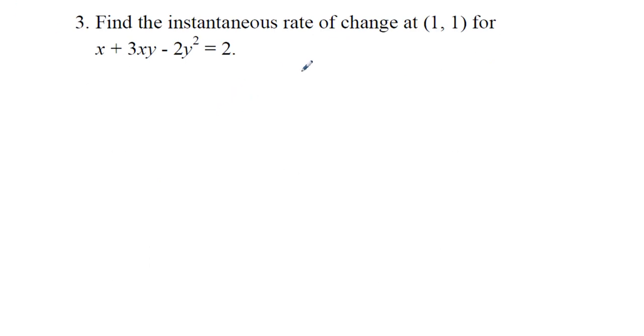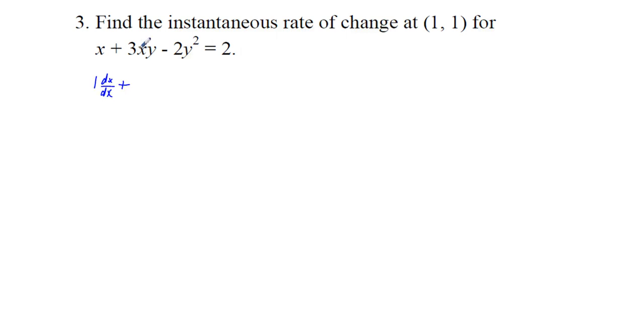Problem 3: find the instantaneous rate of change at 1, 1 for x plus 3xy minus 2y squared equals 2. I recommend you stop the video and work this out, see if you get the same thing I do later. Okay, implicit differentiating, the derivative of x is going to be 1, which is dx/dx.